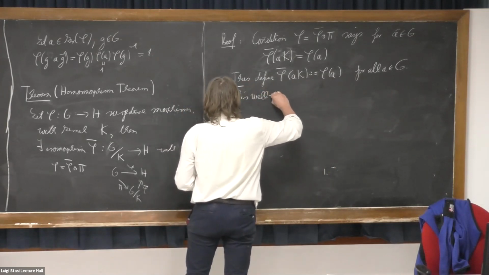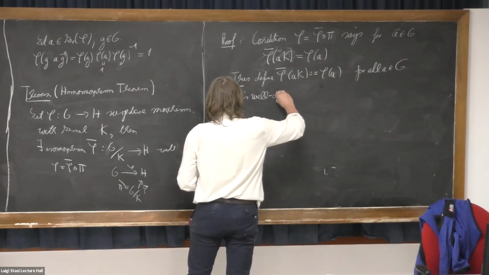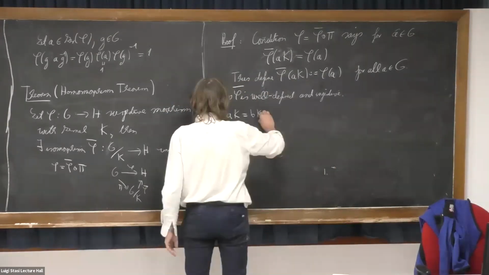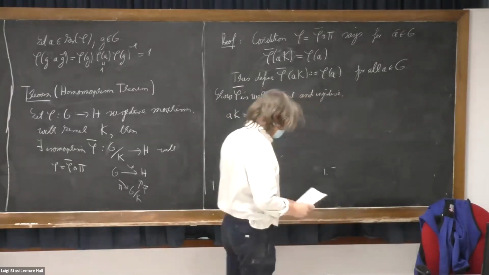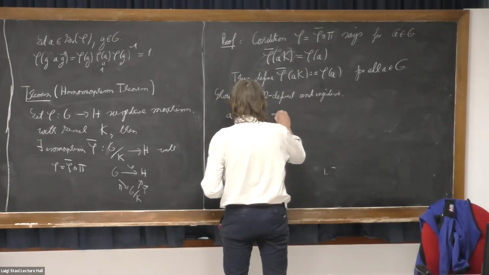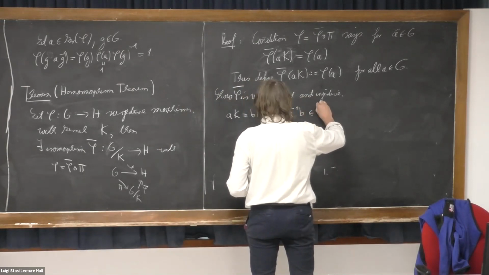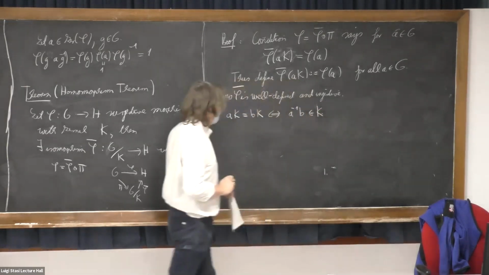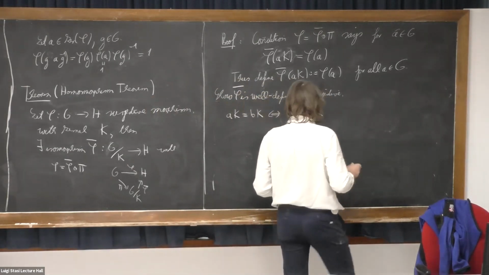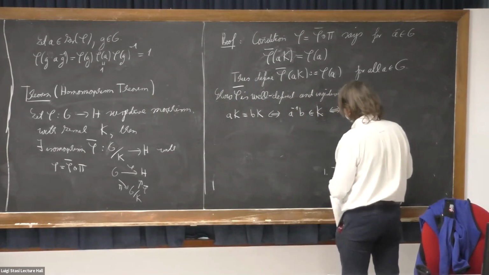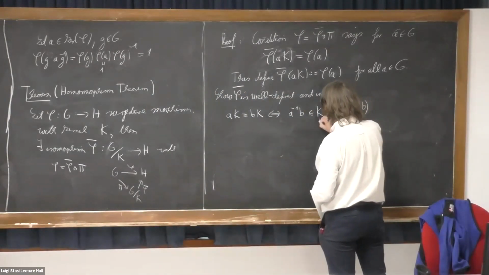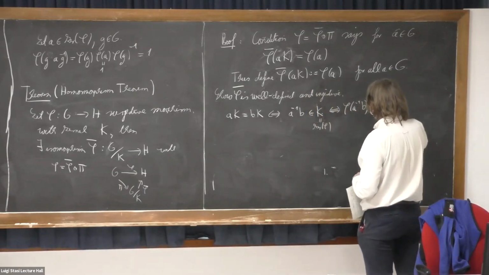Well defined if and only if A to the minus 1 B is an element in K, the kernel of P, which is equivalent to P of A to the minus 1 B being equal to 1.